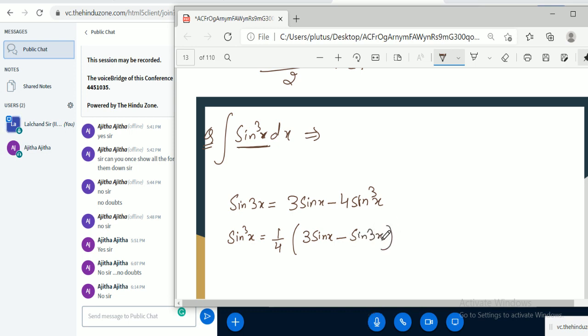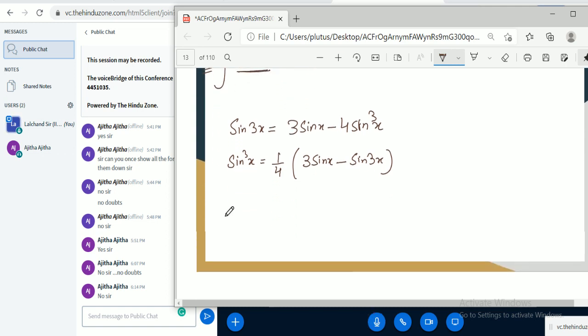Okay, so if we substitute this value here, then we have 1 by 4 integral of (3 sine x minus sine 3x) dx, isn't it?